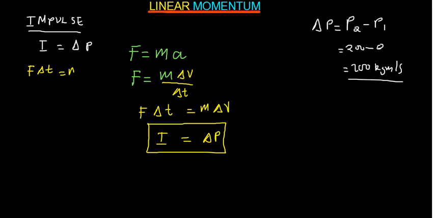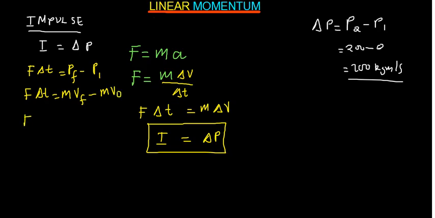How do you find change in momentum? It is final momentum. Okay, change in momentum is given by final momentum minus initial momentum. So this will give you force times change in time being equal to final momentum, which is mass multiplied by final velocity, minus initial momentum, which is given by mass times initial velocity.